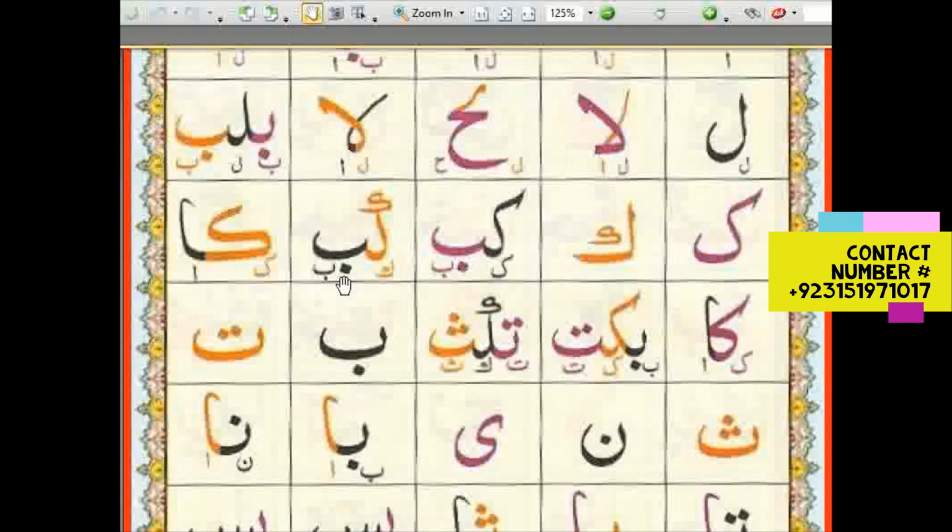Kaf, ba, but the shape is different. I told you before we will learn the different shapes of particular letters.